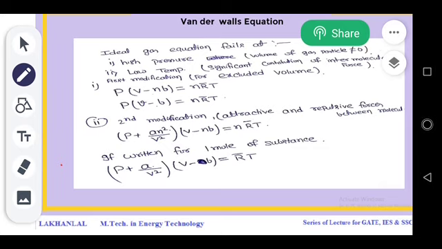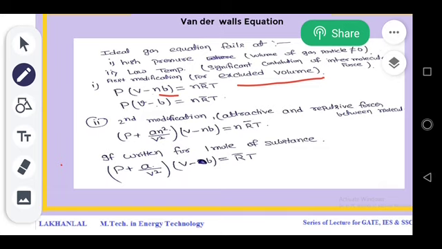The first modification is for excluded volume. We assume that the real gas molecules have some volume, which is known as excluded volume. So the volume space available for those molecules is less than the container volume. So you have to subtract a term nb from the container volume.